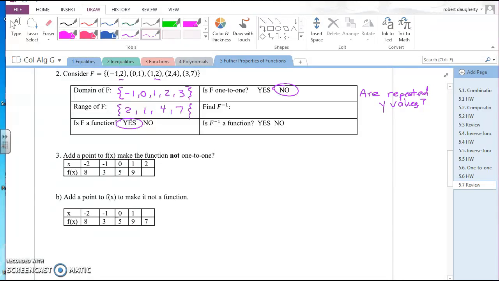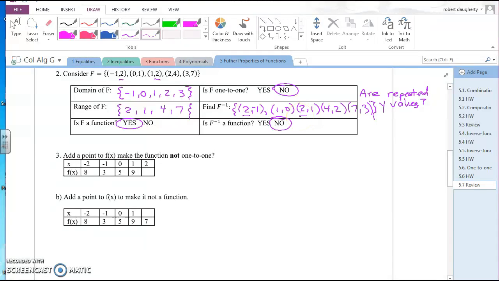Find the inverse. The inverse just says flip everything around. So instead of negative 1, 2, you're going to have 2, negative 1. Then you'll have 1, 0. You'll have 2, 1, 4, 2, and 7, 3. And if I look at that, is that a function? This is not a function because it has repeated x values.